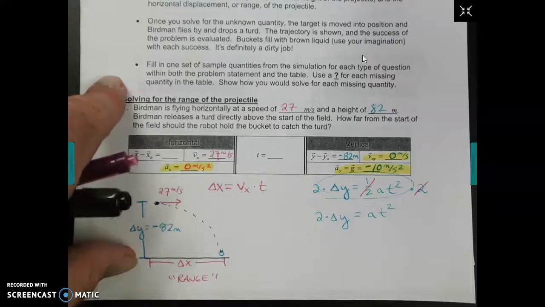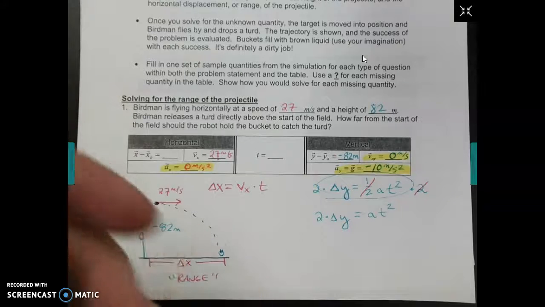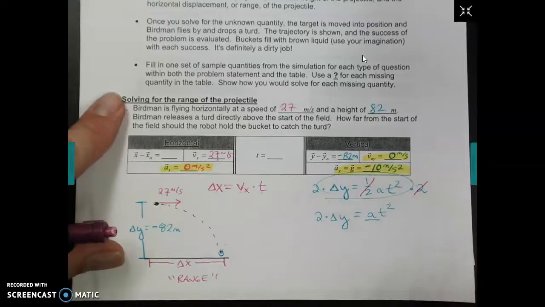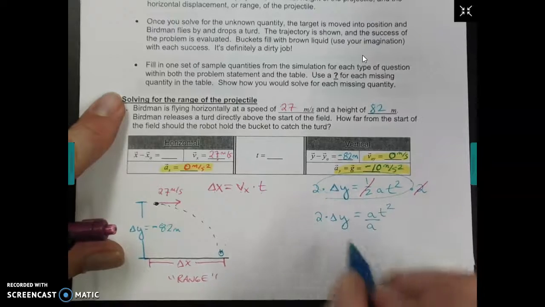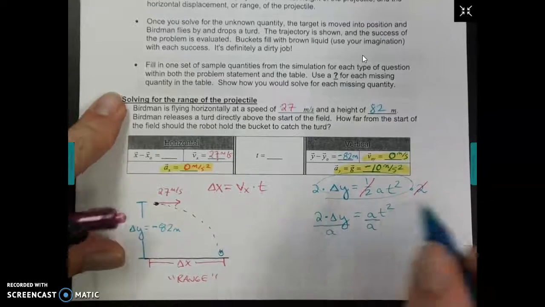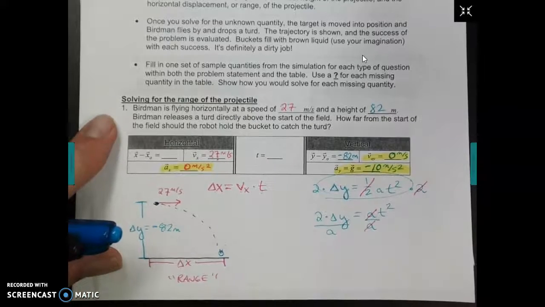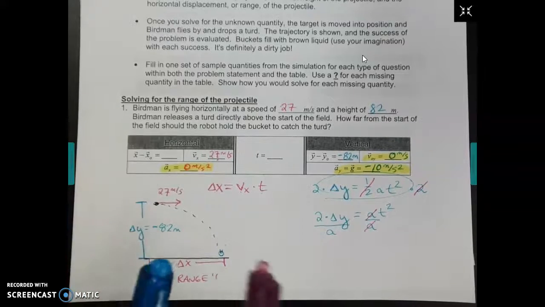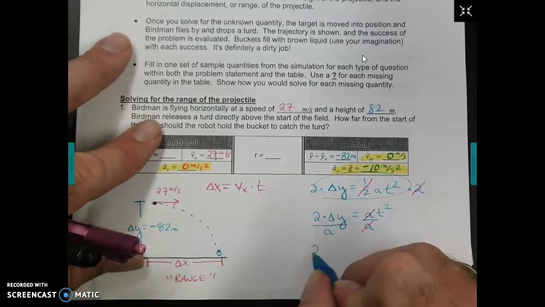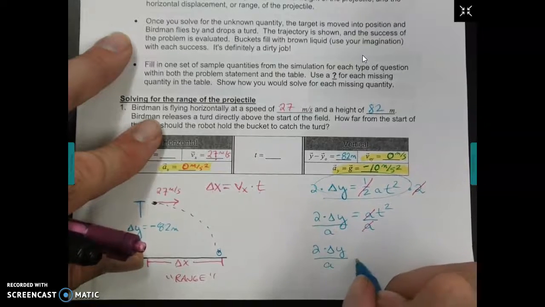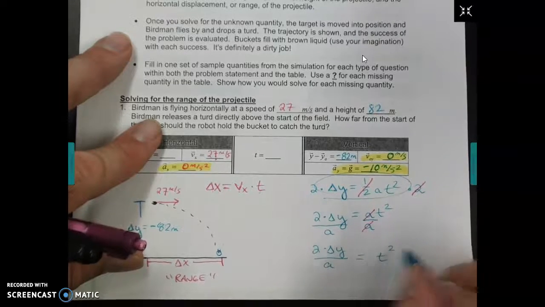All right, the next step would be to get rid of the acceleration on the right side of the equation. So we can get rid of the a by dividing by acceleration on the right, divide the left side of the equation by acceleration as well, and now the a's on the right side cancel each other out. Now we're left with 2 times our displacement divided by the acceleration is equal to time squared.